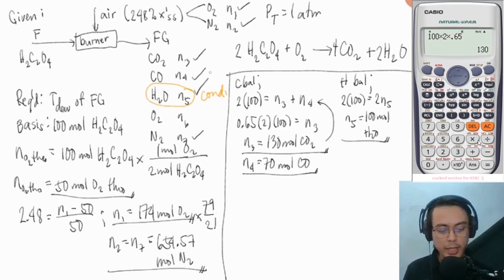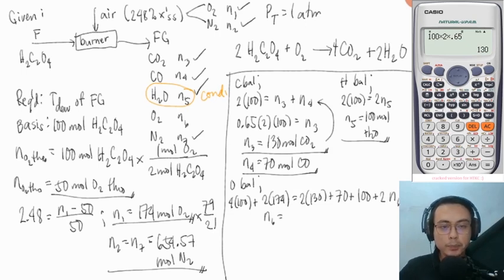Last one, N6, we perform the oxygen balance. That is 4 times the feed plus 2 times N1 is equal to 2 times N3 plus N4 plus N5 plus 2 N6. We can solve for N6.